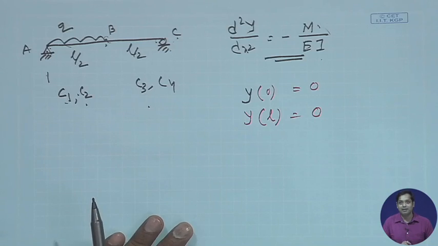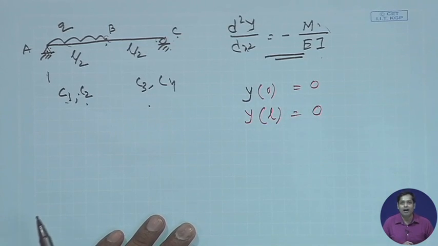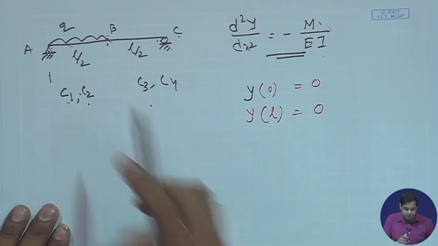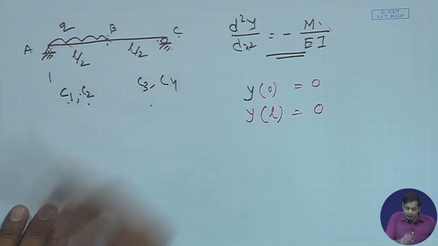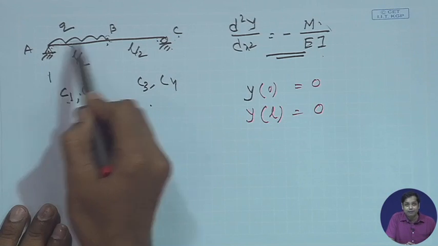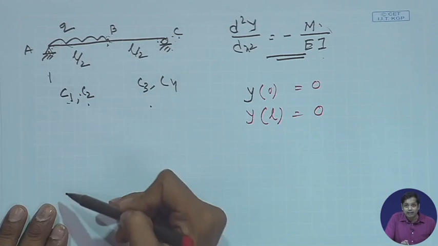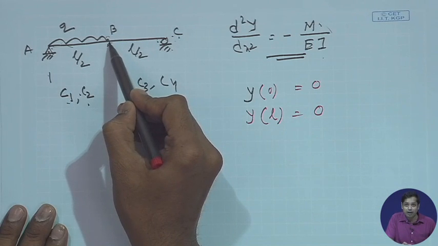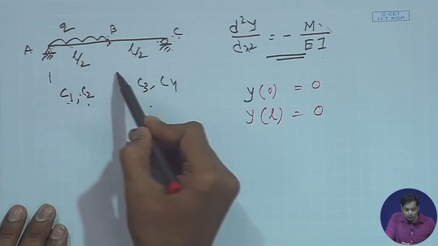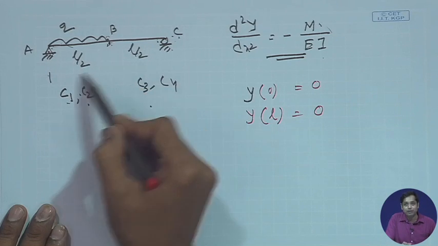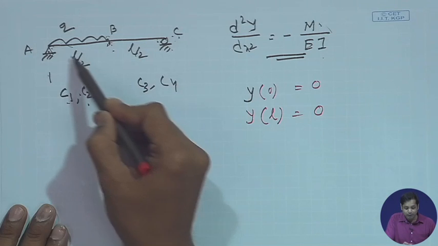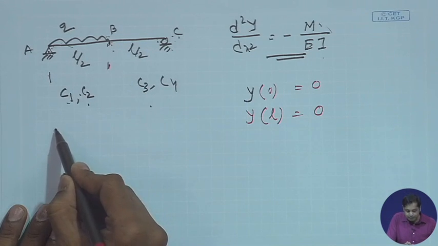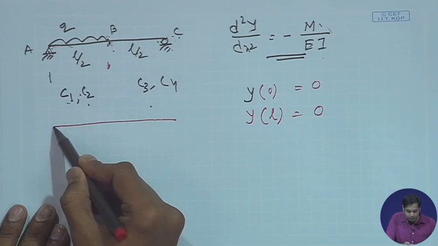So we can use that as a criterion to get another 2 equations. In this beam, the bending moment expressions may be different for AB and BC, but the deflected shape should be continuous at B. The deflection should be such that there is no jump in y at B, so y should be continuous at B. If y has a jump at B, the deflected shape would have to be like this, which is not possible.